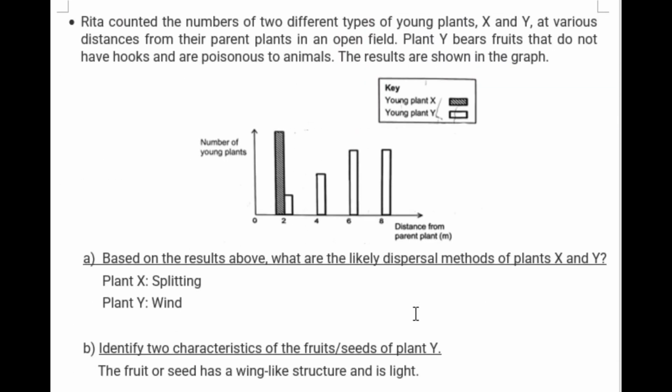Rita counted the numbers of 2 different types of young plants, X and Y, at various distances from their parent plants in an open field. Plant Y bears fruits that do not have hooks and are poisonous to animals. The results are shown in the graph.